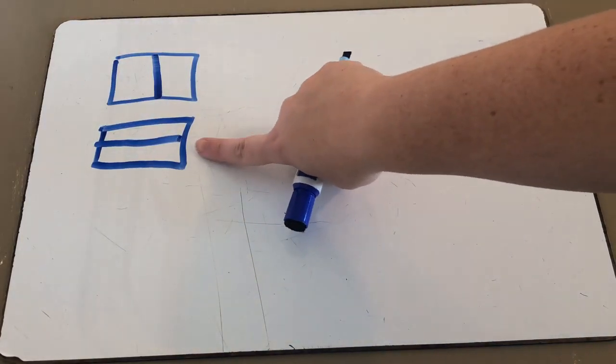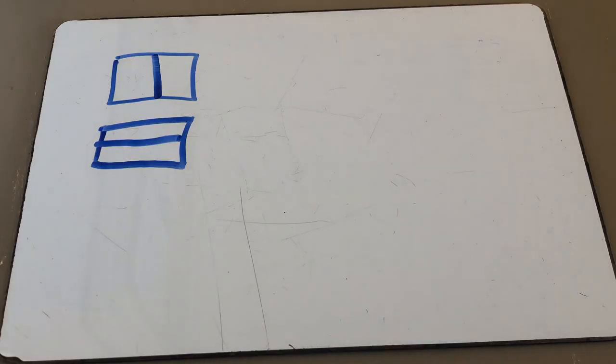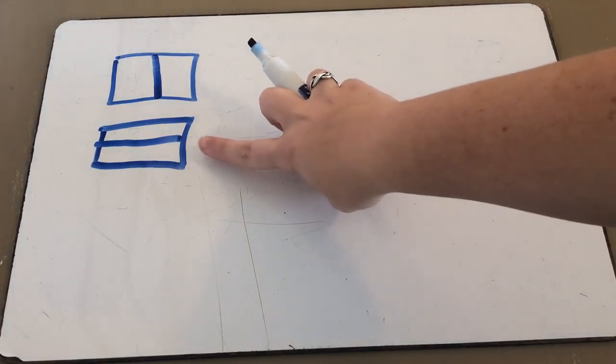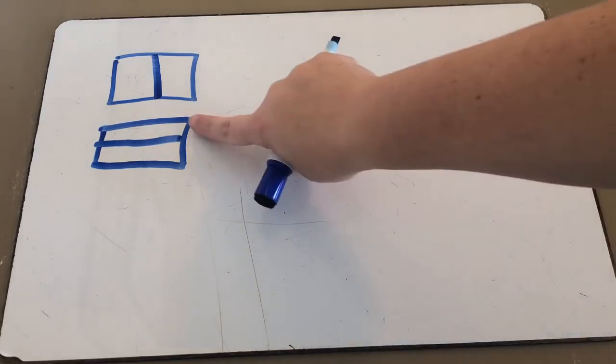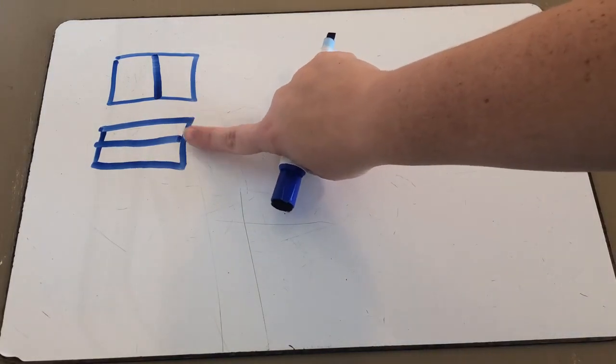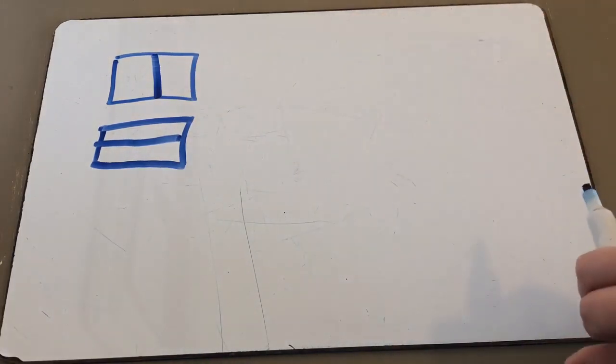Is this rectangle cut into halves? If you looked at this rectangle and you thought it was cut into halves, you would be correct. It is still into two equal pieces.